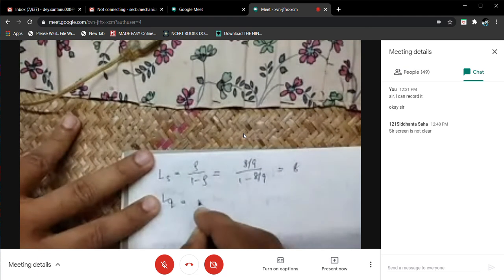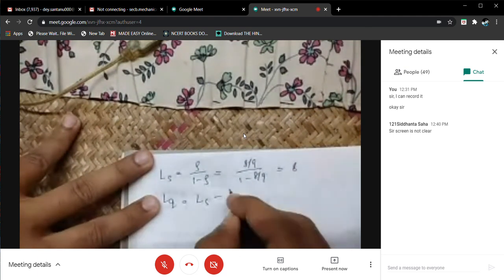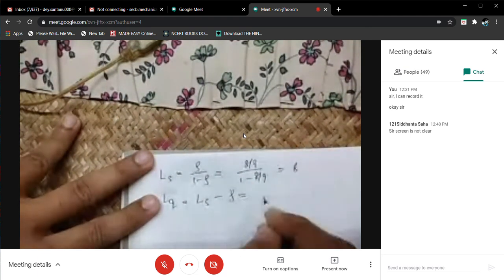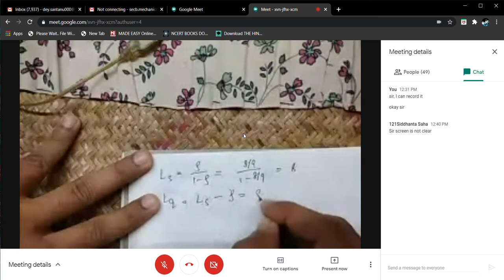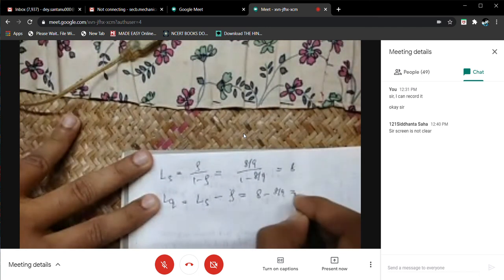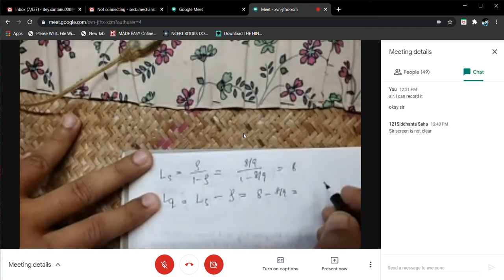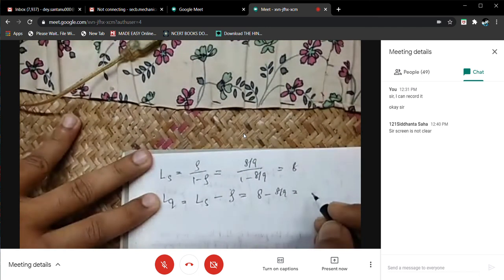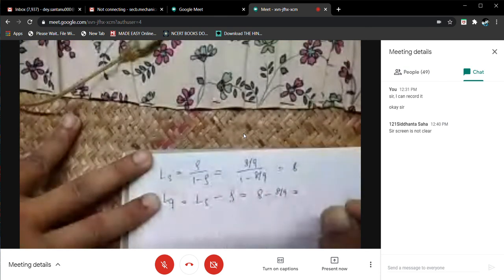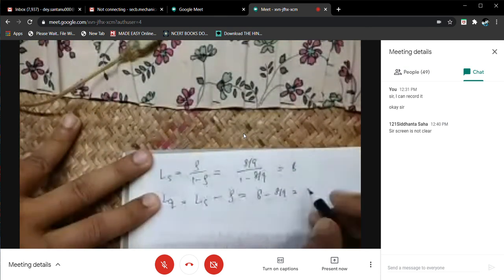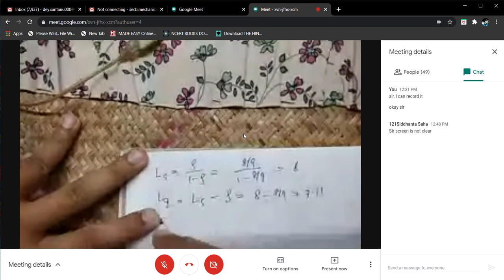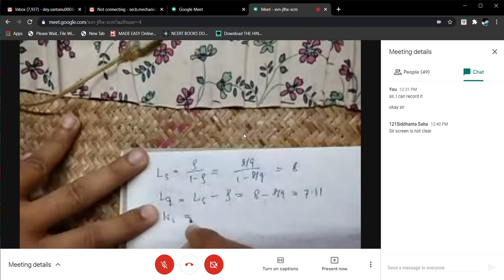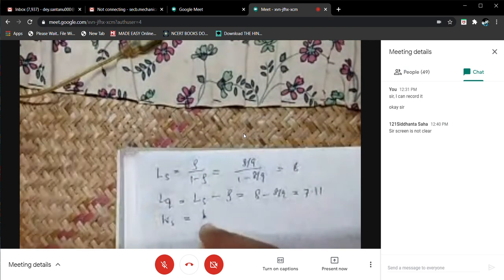LQ is equal to LS minus lambda by mu, which is rho. So here we get 8 minus 8 by 9, which is 64 minus 8 over 9, around 7.11. WS, from Little's equation, is LS by lambda.